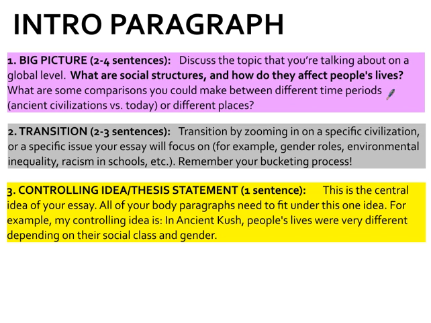What are some comparisons you could make between different time periods or different places? Your transition would be 2 to 3 sentences, and you would do this by zooming in on a specific civilization, such as Kush, or on a specific issue your essay will focus on, such as gender roles, environmental inequality, even racism in schools. Remember your bucketing process, those topics.